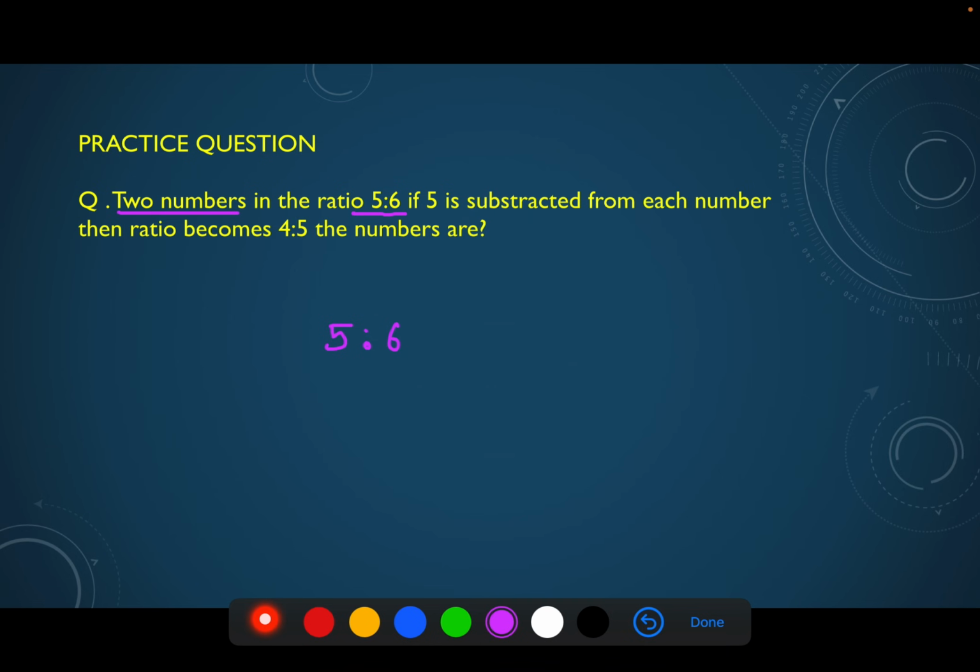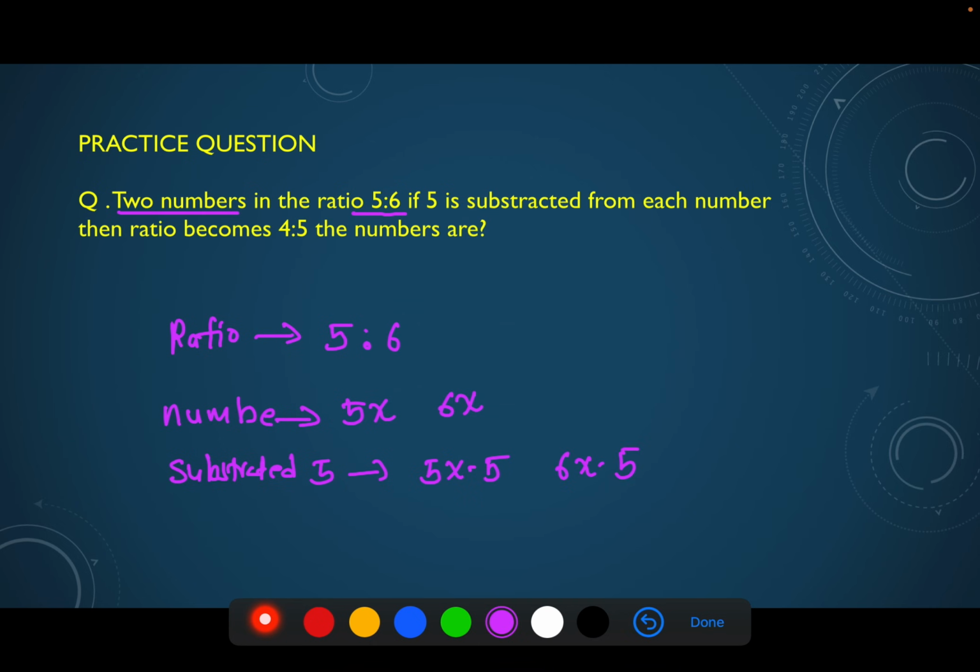What are the numbers? This is just a ratio, not numbers. The ratio is 5:6, so the numbers are 5x and 6x. What he has done is subtracted 5, which gives 5x minus 5 and 6x minus 5.